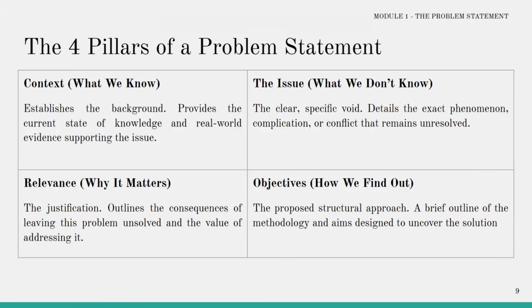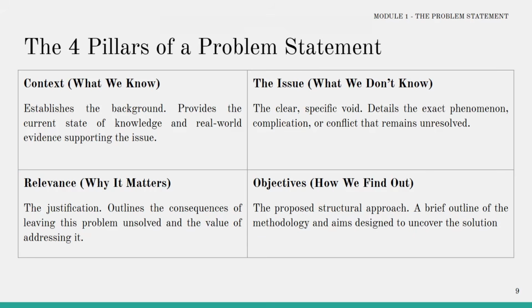Then there is the issue, what we don't know. It should be a clear and specific void. It details the exact phenomenon, complication, and conflict that remains unresolved. It should be relevant, why it should matter. So the justification should be there. It will outline the consequences of leaving this problem unsolved and the value of addressing it.